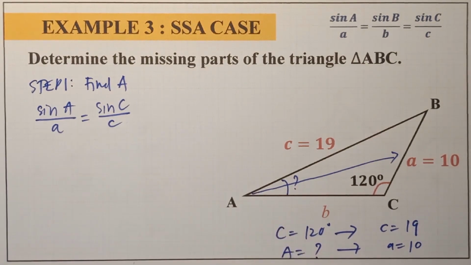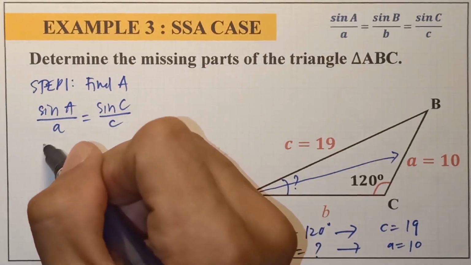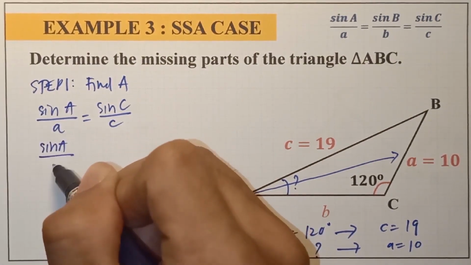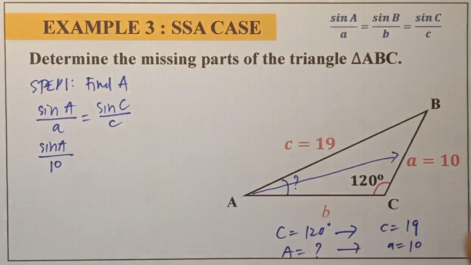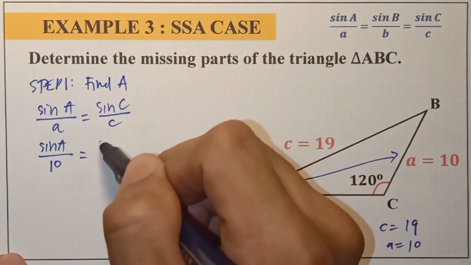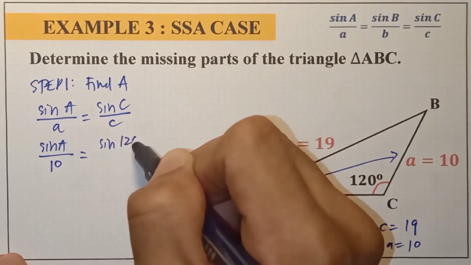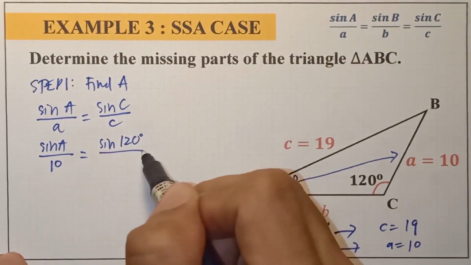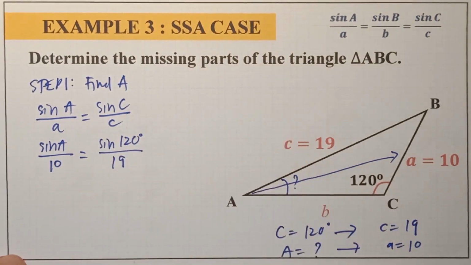So sine A is missing, over a, which is 10, is equal to sine C, which is 120, sine 120 degrees over its opposite side, 19.